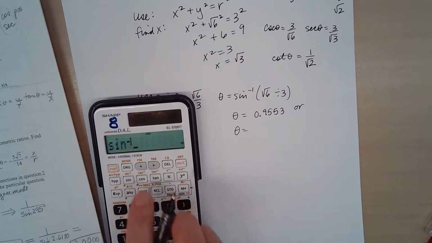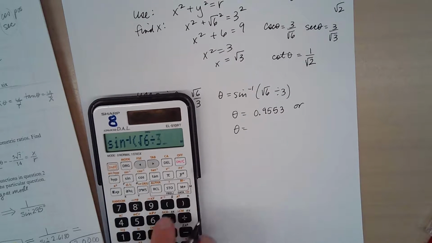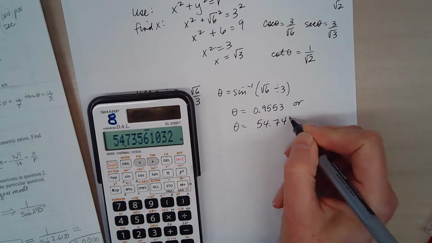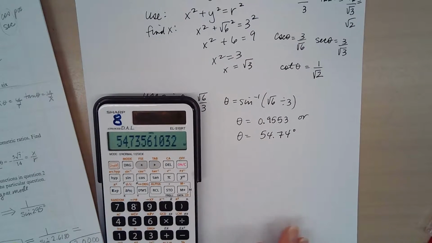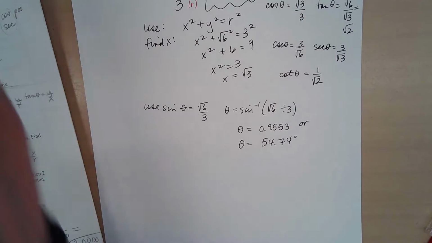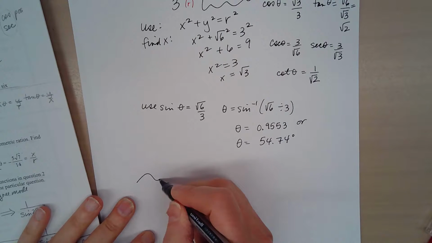Shift sine root 6 divided by 3, 54.74 degrees. Okay, because it didn't say degrees or radians. Right? And then B is the same thing, except just with different, they gave you x and r this time if they gave you cos, right?